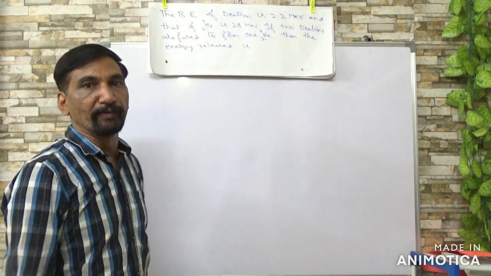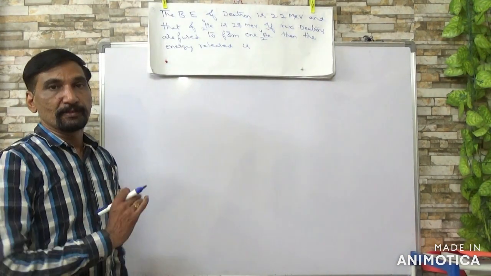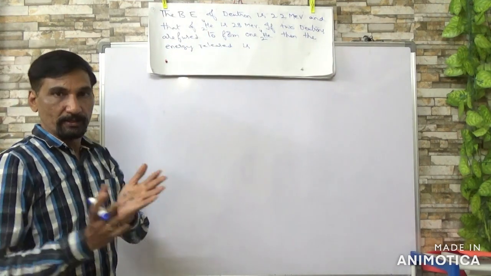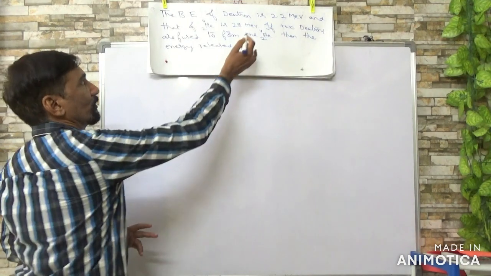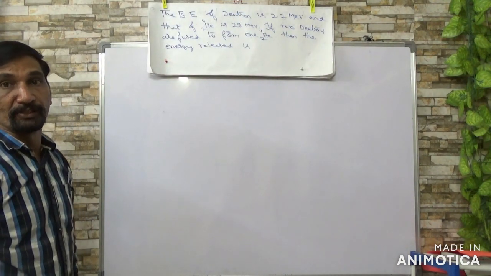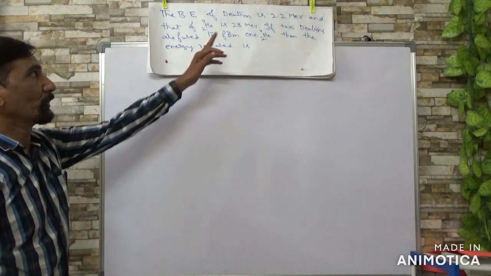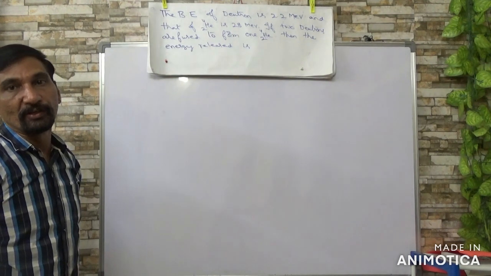Now about the given problem. The helium element is formed by 2 deuterons. The binding energy of this helium is given as 28 MeV. Each deuteron has binding energy 2.2 MeV.